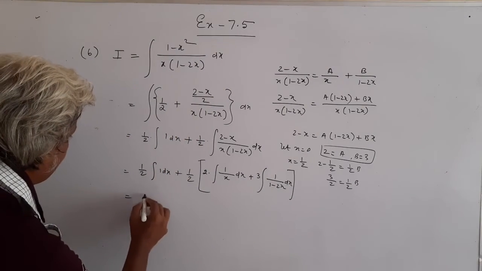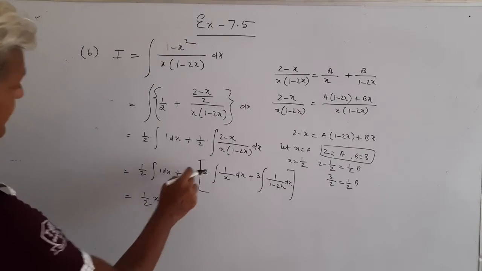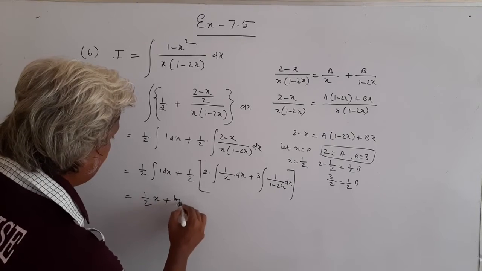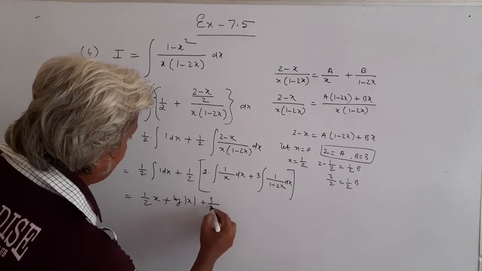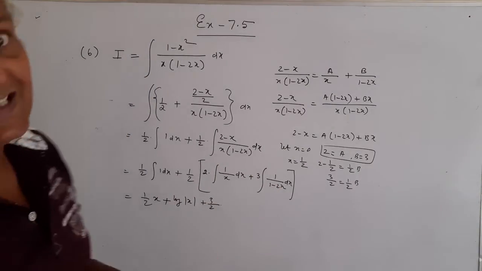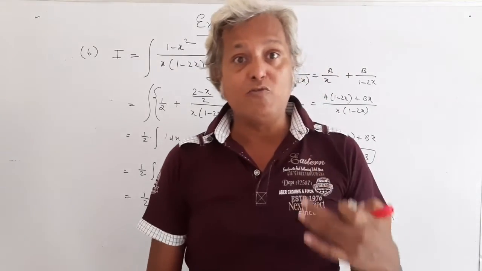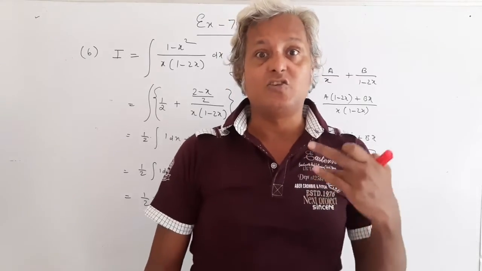So now I integrate here: half integration of 1 dx is x, plus half and 2 cancel, and integration of 1 over x dx is log mod x, plus this becomes 3 by 2. Now integration of 1 over x is log mod x, and integration of 1 over something linear is log mod something divided by the differentiation of that something.